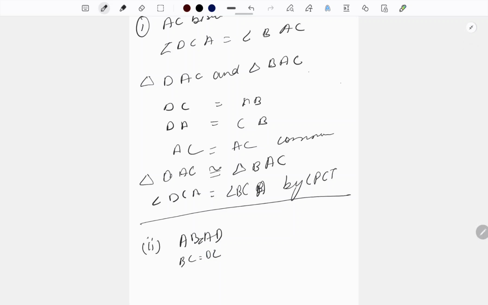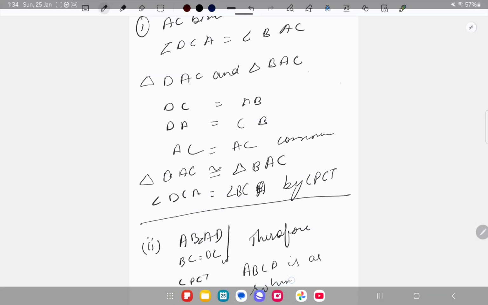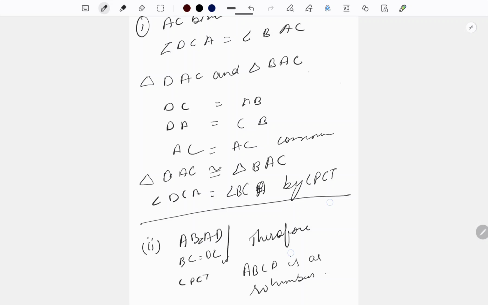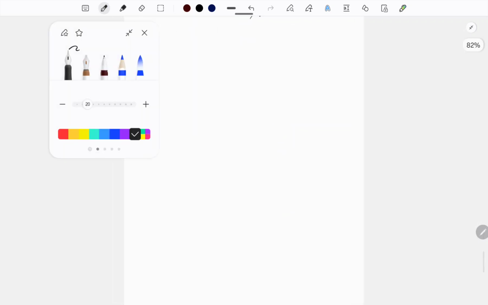Therefore, ABCD is a rhombus. And why this? Because of CPCT. So this way we have cleared question number 3. Let us move to question number 4.